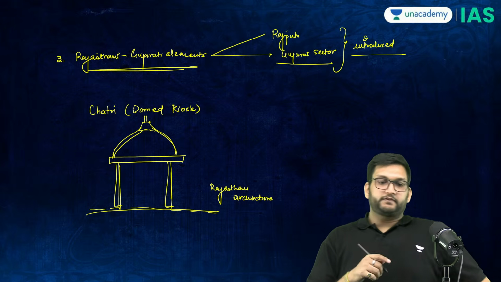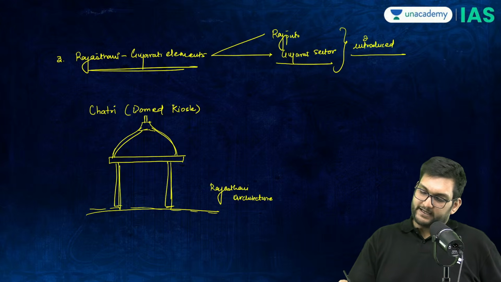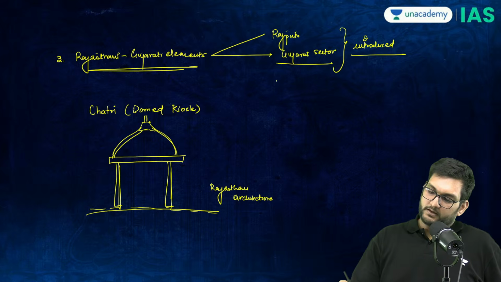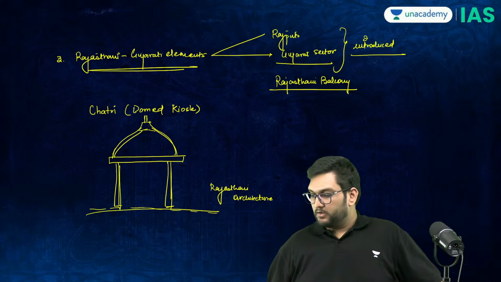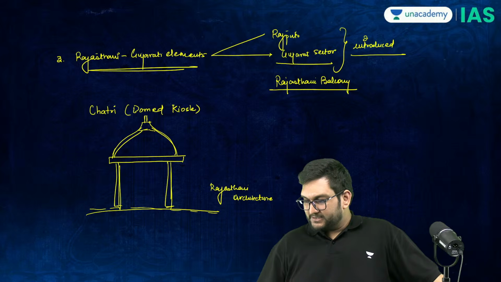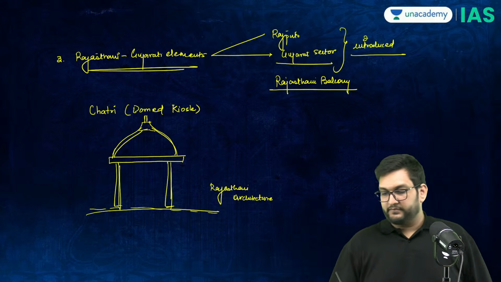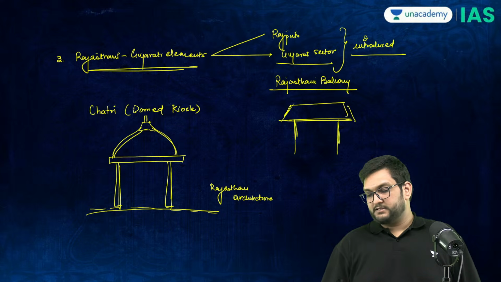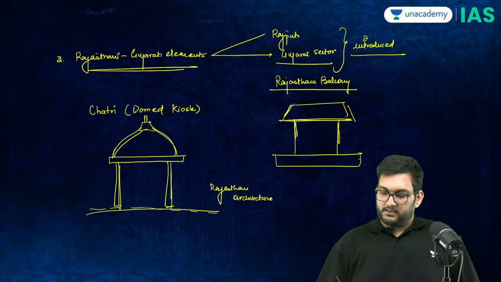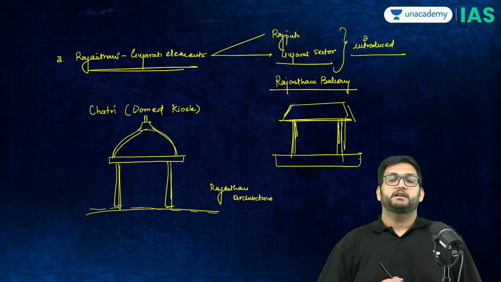At the same point of time, the second element is called the Rajasthani balcony. Now, what is this concept of the Rajasthani balcony? You have these types of balconies which you will see getting added to the structures.